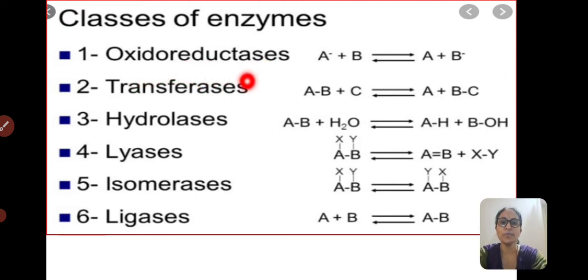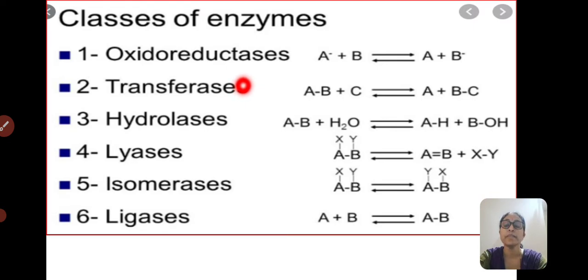As we all know, the naming system or the nomenclature of the enzymes now follows the IUPMB system of classification. Earlier classifications were adding suffix ASE to the substrate name, and also based on the reaction name and substrate name, like succinic dehydrogenase.